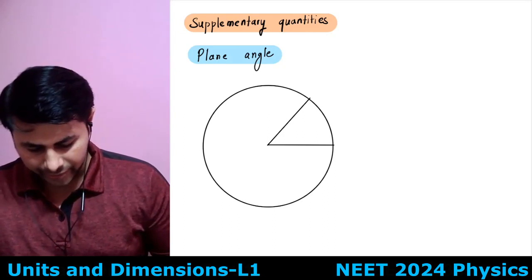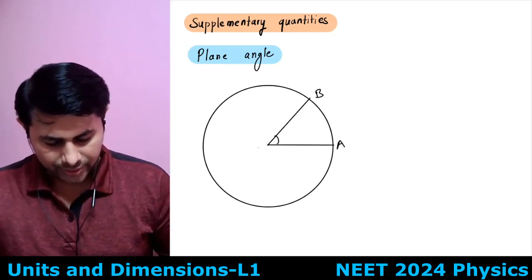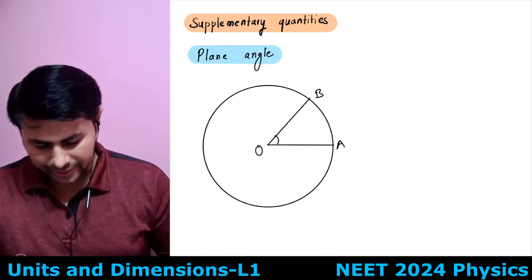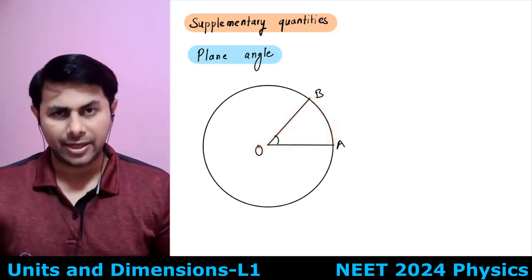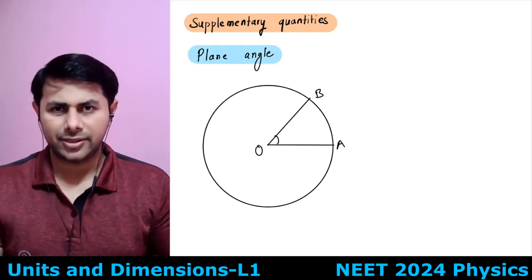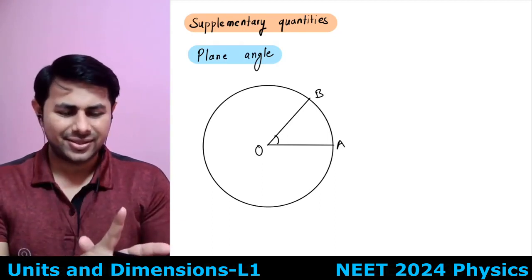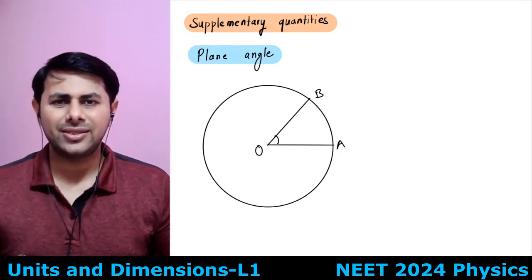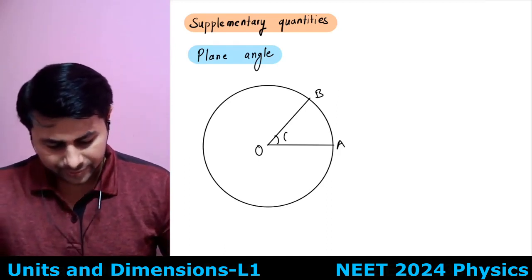Let's say we consider this arc AB over the circle, and the angle subtended by this arc at the center of the circle is known as the plane angle. It is the angle between two rays. Even if you don't define a circle, you take two lines, and if they are intersecting, the angle between those two lines is a plane angle. Let's call it theta.